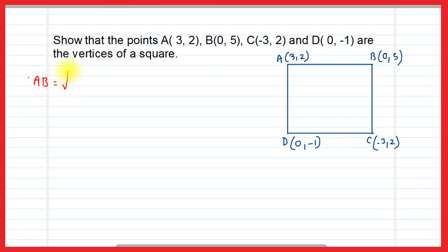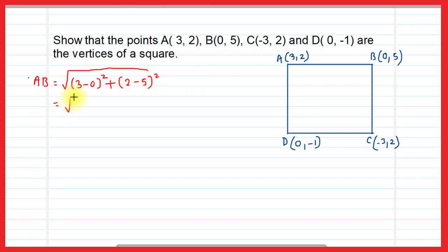We will apply the distance formula, square root of (x2 minus x1) bracket square plus (y2 minus y1) bracket square, that is 3 minus 0 bracket square plus 2 minus 5 bracket square.